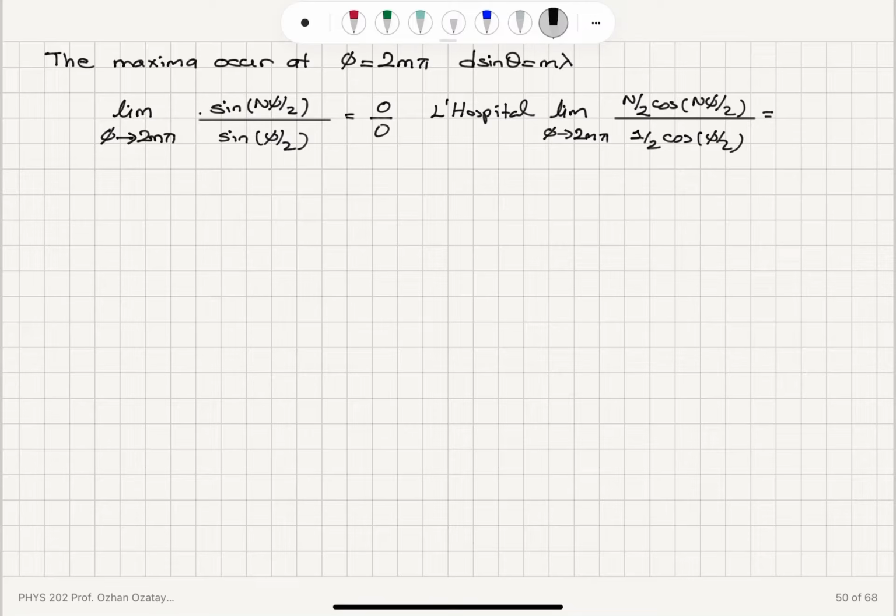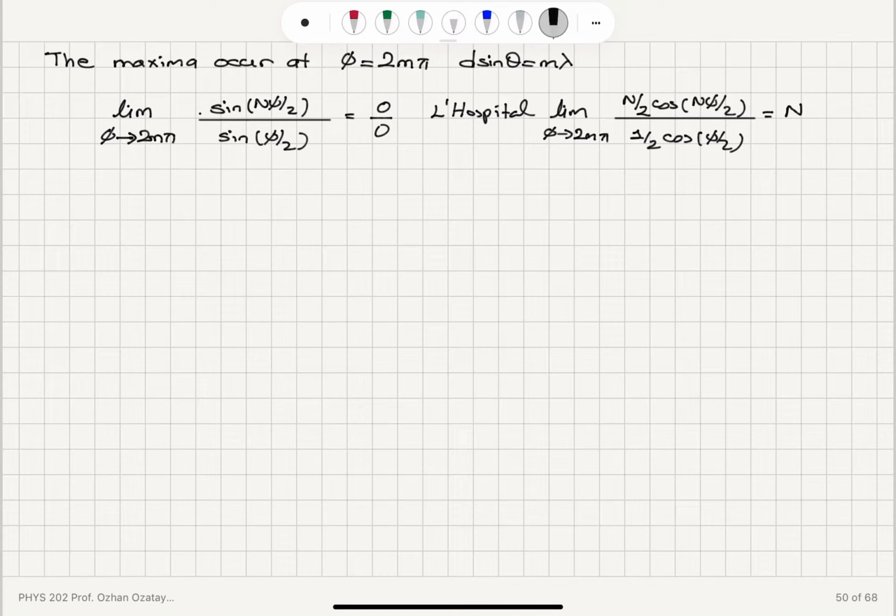Cosine(mNπ) divided by cosine(mπ). That's going to be equal to capital N times 1 divided by 1.